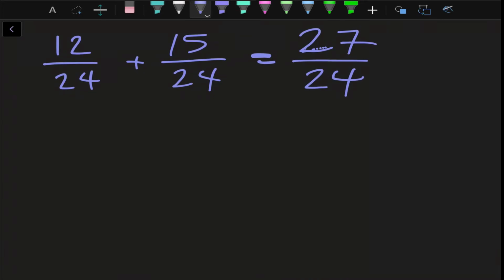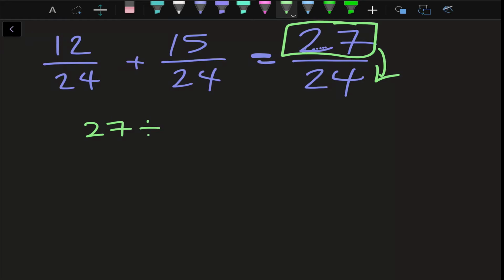Awesome, that's pretty well a good answer, but if we take a look at it, our numerator is greater than our denominator, and what that means is we have an improper fraction here. So we can simplify this answer further by changing this into a mixed number. And how do we do that? Well, 27 divided by 24 is 1 and a bunch of decimals, but we ignore them.